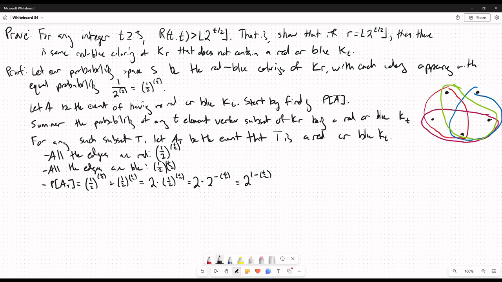And now we're going to let cursive T be the set of all t element subsets.